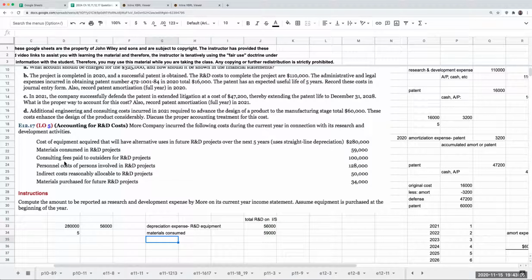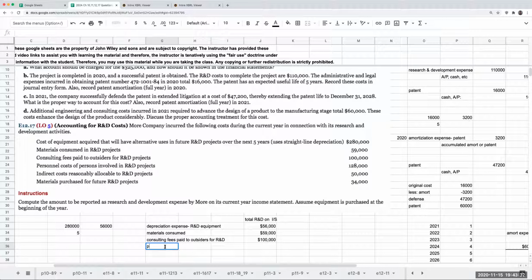So I've got materials consumed, and consulting fees paid to outsiders for projects. The key here is that if it relates to R&D, we want to record it as research and development expense. Again, it's something that's very important for our investors to know.